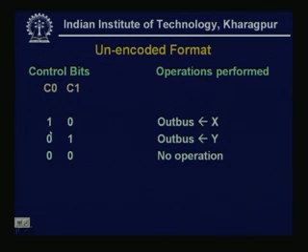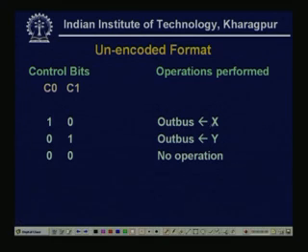So, C0 is 1, X is assigned to out bus, or the content of this register goes to the out bus. If C1 is 1, content of Y register goes to the out bus. If C0, C1 are 0, there will be no operation. So, these three operations can be done by specifying the control bits C0, C1 as 10, 01 and 00.